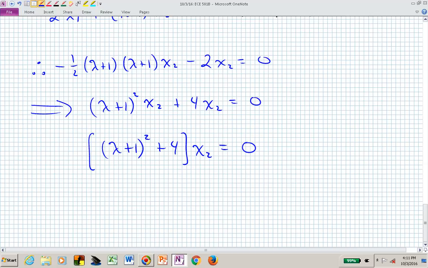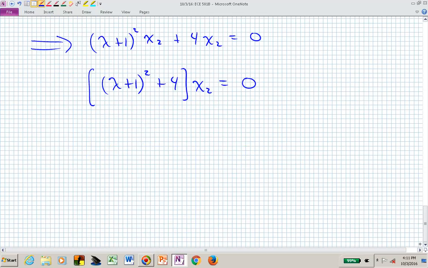And we now want lambda plus 1 squared plus 4, that quantity times x sub 2 equal to 0. We're now trying to find a solution to that equation by maybe making the bracketed term become 0. Because we really want x1 and x2 to be non-trivial. We don't want to set those elements equal to 0. So we're forcing x2 and x1 to be something other than 0.